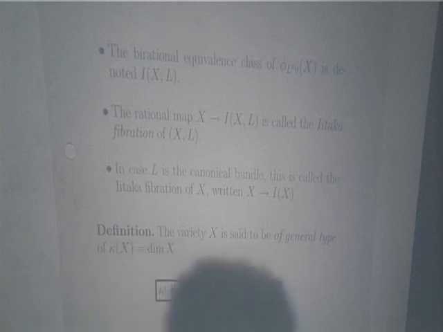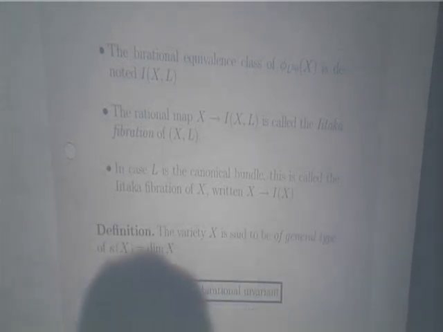I just emphasize here that for this Kodaira dimension of X, because the space of sections is a birational invariant, the image of that space of sections is a birational invariant. So the Kodaira dimension is a fundamental birational invariant, a very rough, not very precise one.